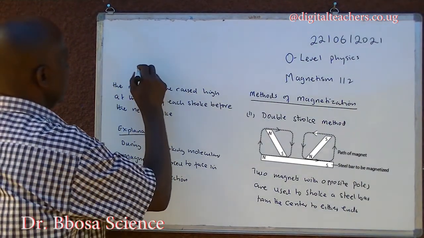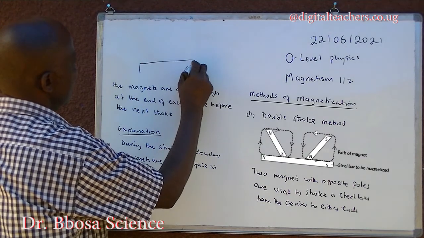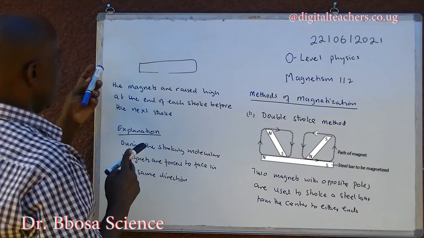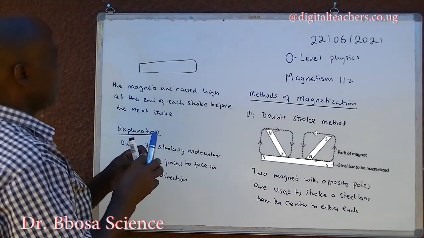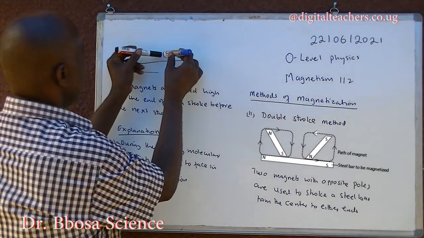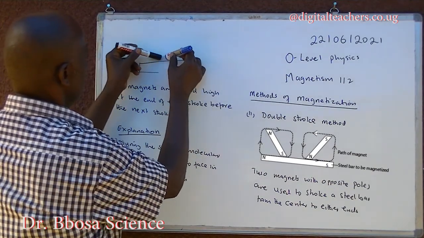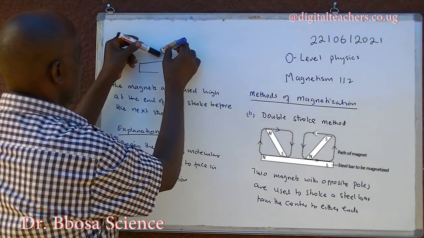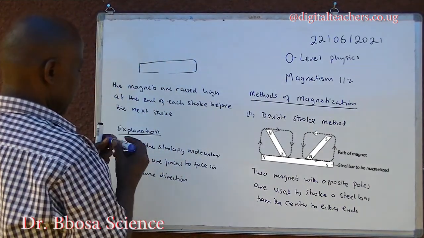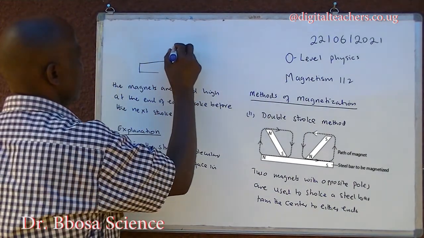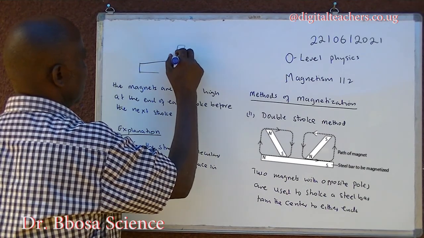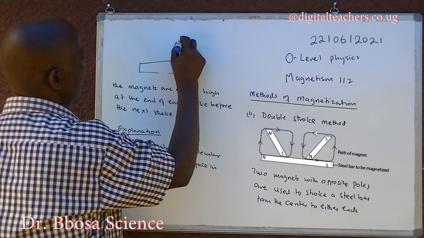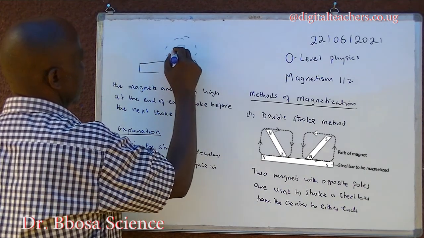So we are saying if this is the steel bar, we are stroking with a north pole and a south pole from the center. So if the south pole is this one, this becomes a north pole. The direction of stroking is this one.